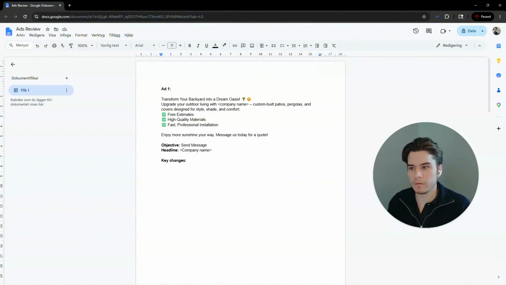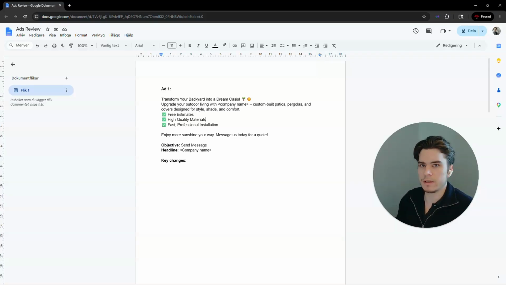Do they fear that you're going to build something and in 1 year the patios are going to crack, they're going to shift or whatever? Okay, then we can position the high quality materials as a solution to that, or handle that fear with this claim and say, yeah, we use high quality materials so that your patio will last 20 years and not crack or shift after, I don't know, a year or so, right? Now we turned it into an actual benefit. But high quality materials in and of itself just means nothing.